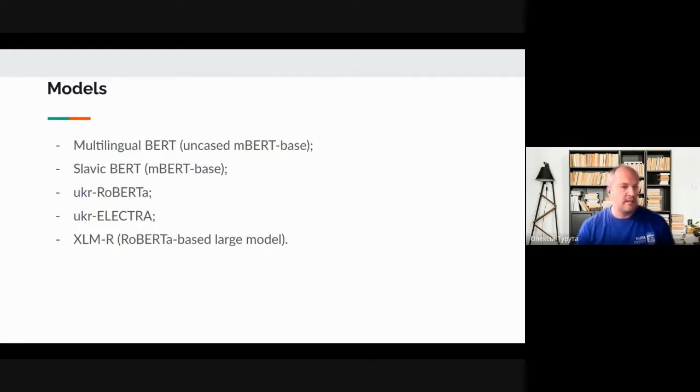And the last, the XLM-Roberta-based model, which is trained the same way as multilingual BERT, but it uses a large architecture, and it has more embedding layers.